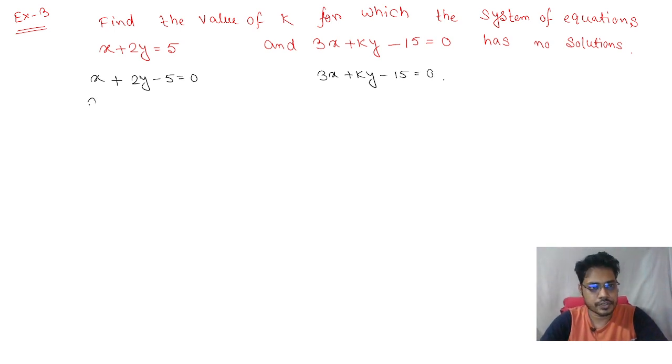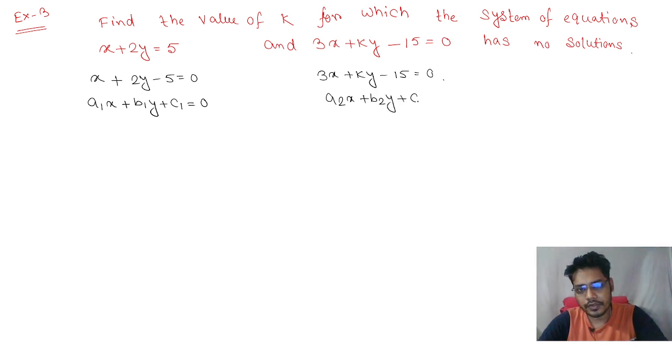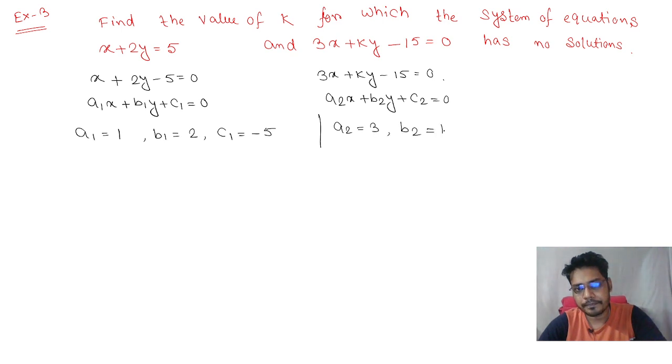Now we compare this as a1x plus b1y plus c1 is 0 and here a2x plus b2y plus c2 is 0. Now after comparing we get a1 is 1, b1 is 2 and c1 is minus 5 and then a2 is 3, b2 is k and c2 is minus 15.